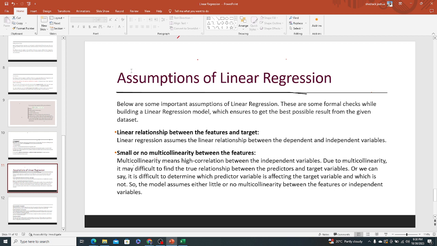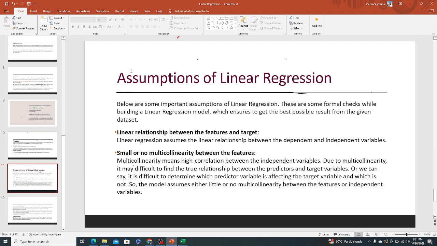So let's go to the assumptions of linear regression. What assumptions should we use before we can perform a linear regression? From the term linear, we've been talking about linearity since the start of this topic.